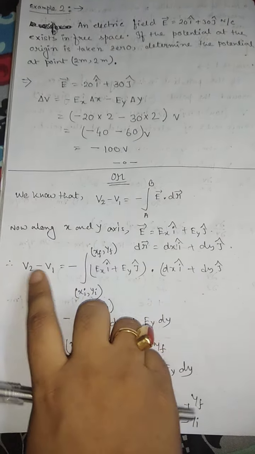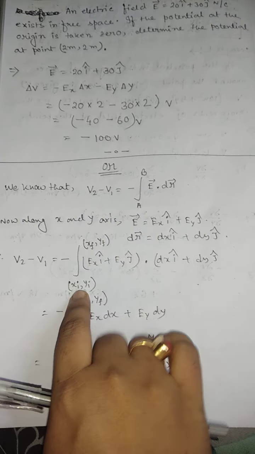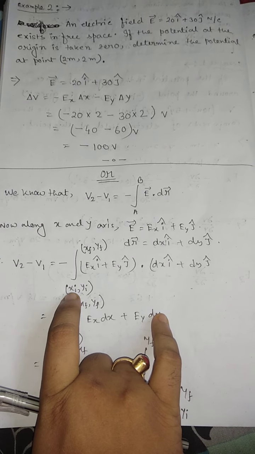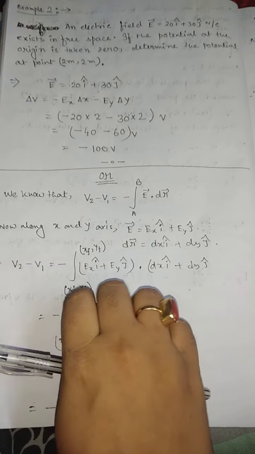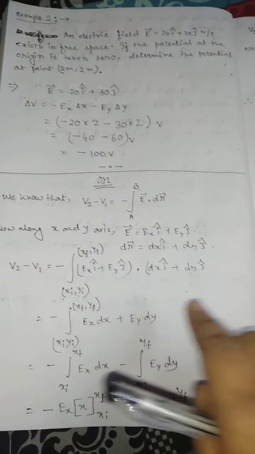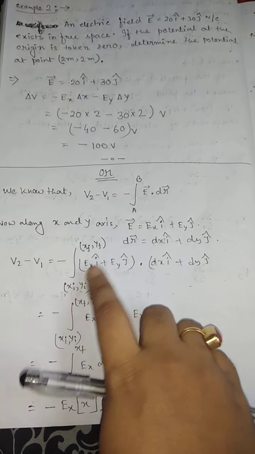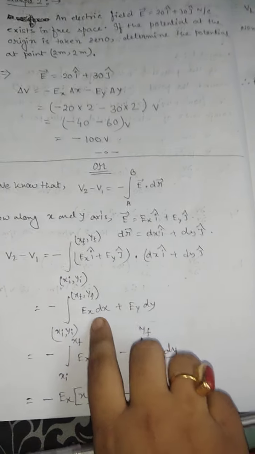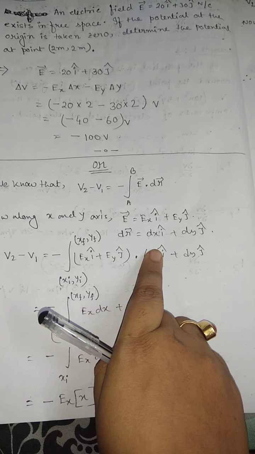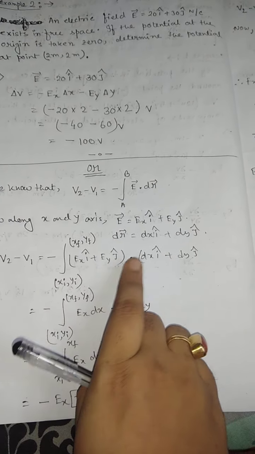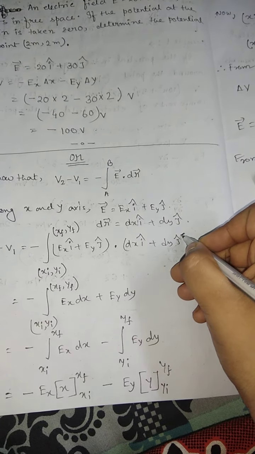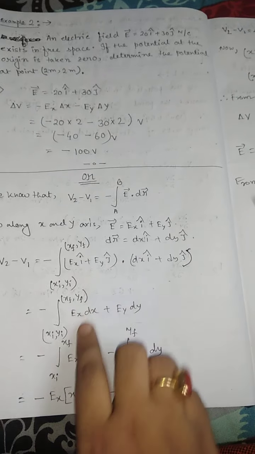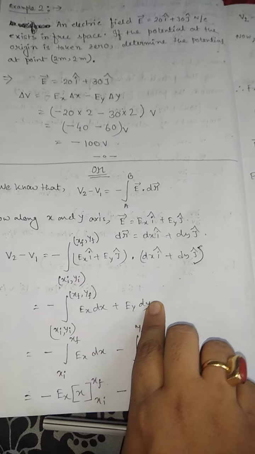So now we put this in: V2 minus V1 equals minus the integral, where a is the initial point (0, 0), so the coordinates are xi, yi, and the final point is xf, yf. In place of E and dr we write the components. Now i dot i is 1 and i dot j is 0, so after the dot product we have Ex dx plus Ey dy.